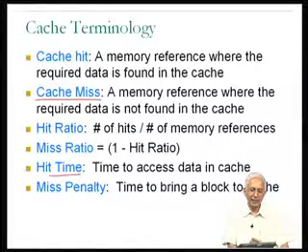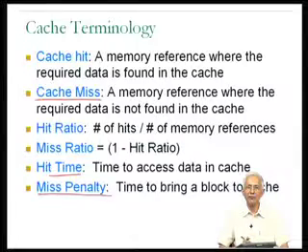There is therefore a time penalty associated with every miss, and the time penalty is basically the amount of time that it takes to bring a block into the cache, and this may involve a memory access. And therefore, for the kind of cache situation that we are talking about right now, we suspect that the miss penalty could be as much as the memory access time, which might be hundreds of nanoseconds, 100 nanoseconds or thereabouts.